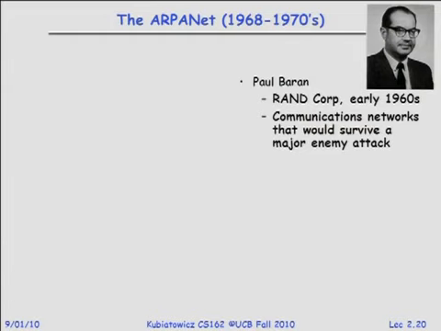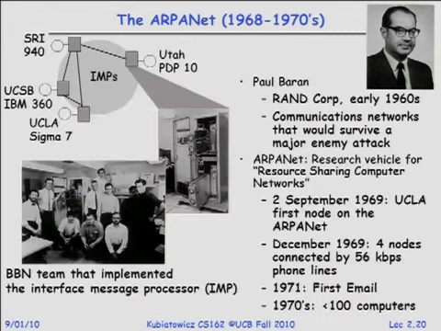Amusingly enough, other folks were doing that too. There was a BBN team also thinking about this, and they essentially came up with what was called the ARPANET, a research network set up for sending packets around. It started in about 1969 with the first node at UCLA.